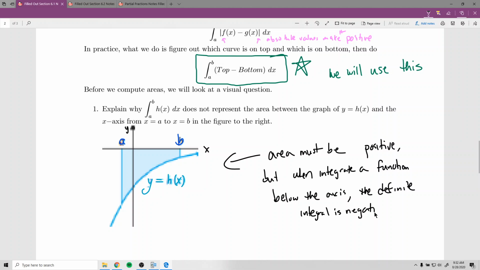Right, so that's the main difference here between doing the definite integral and finding the area: if your function is below the x-axis, you're getting the definite integral. You need to multiply it by -1 to get the area, your final answer.